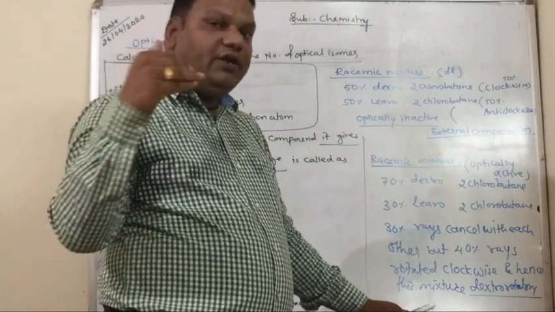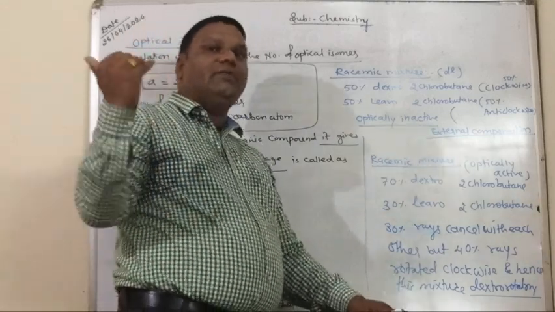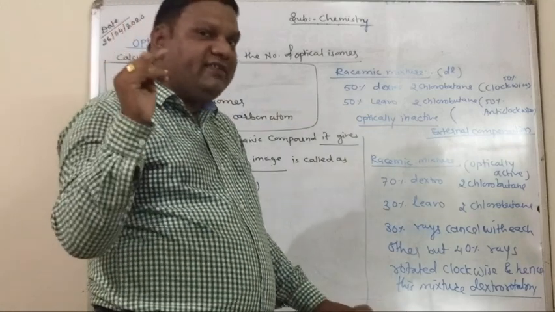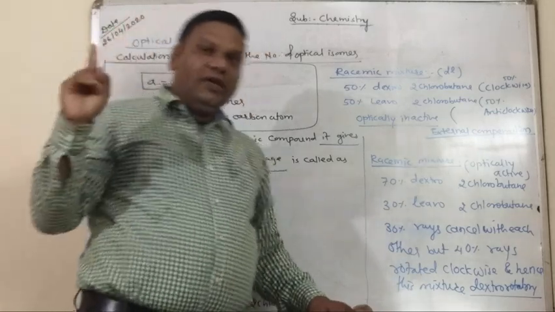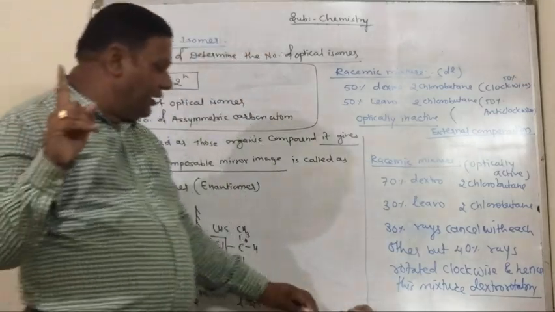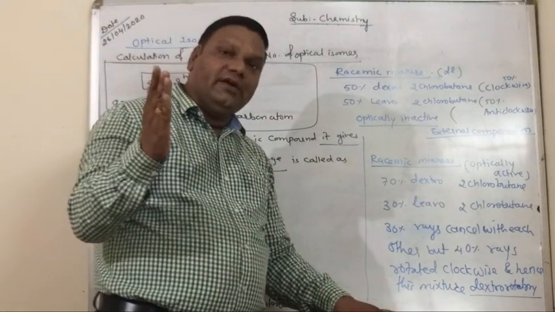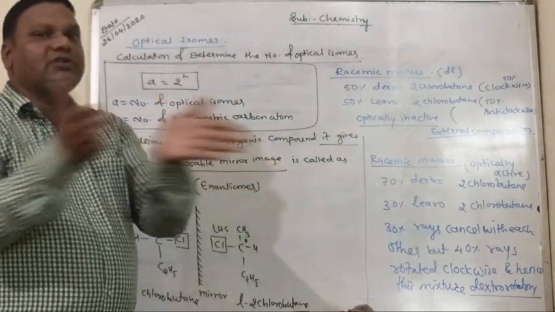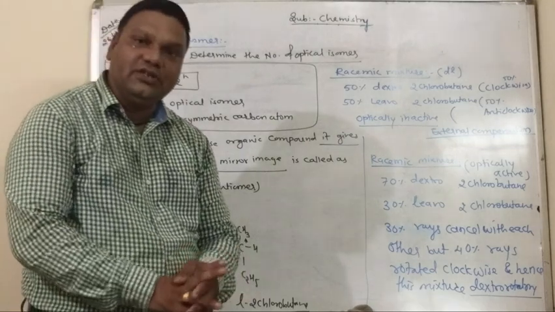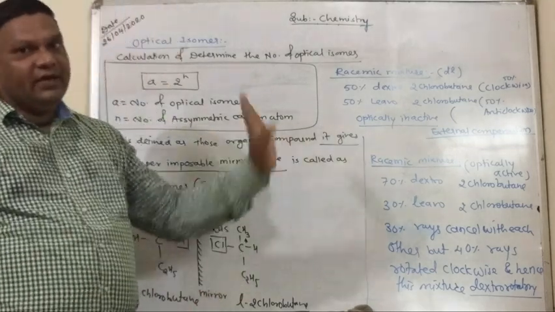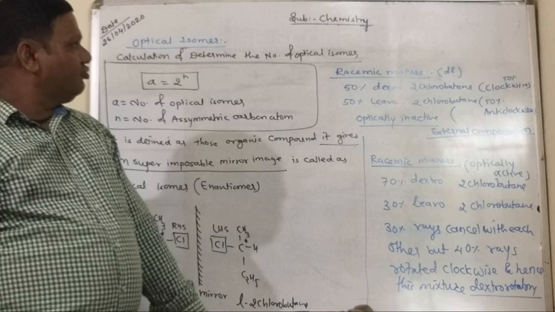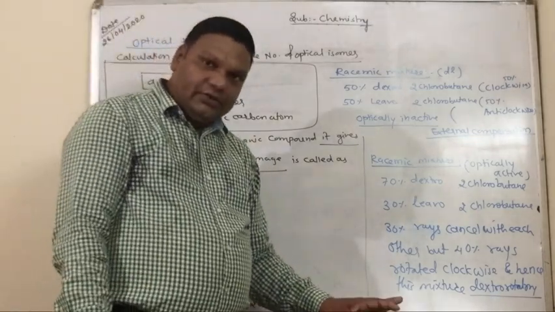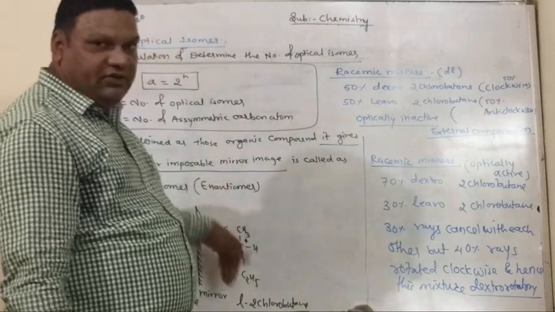Understood? But when we take an equal proportion, the racemic mixture is optically inactive. In the SN1 reaction, listen carefully, we get 50% inversion product and 50% retention product. These are easily cancelled with each other and the mixture is optically inactive. Understood? So here the optical activity is over, and this chapter is over.